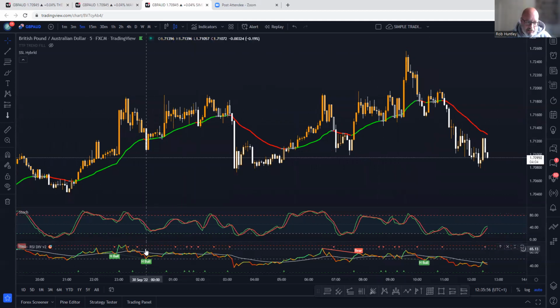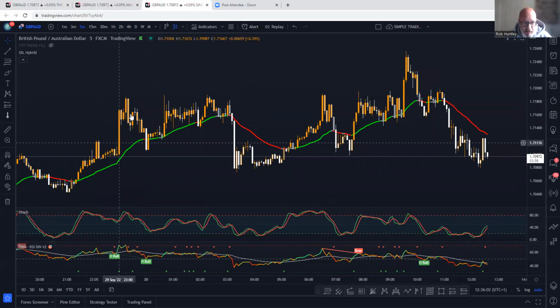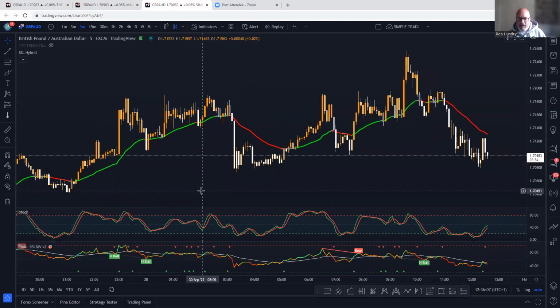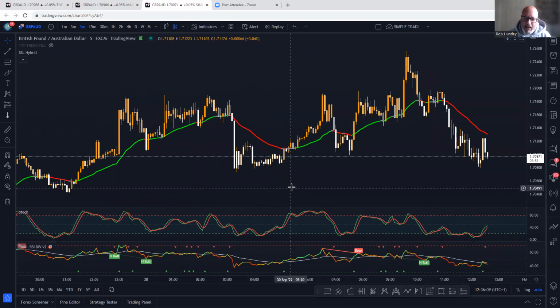Here there's a hidden bull again. You can see where these hidden bulls arrive, the price is pushed up. Hidden bull, price is pushed up. So it's quite a handy indicator to have on your chart, but as a secondary confirmation to what you're looking at already.